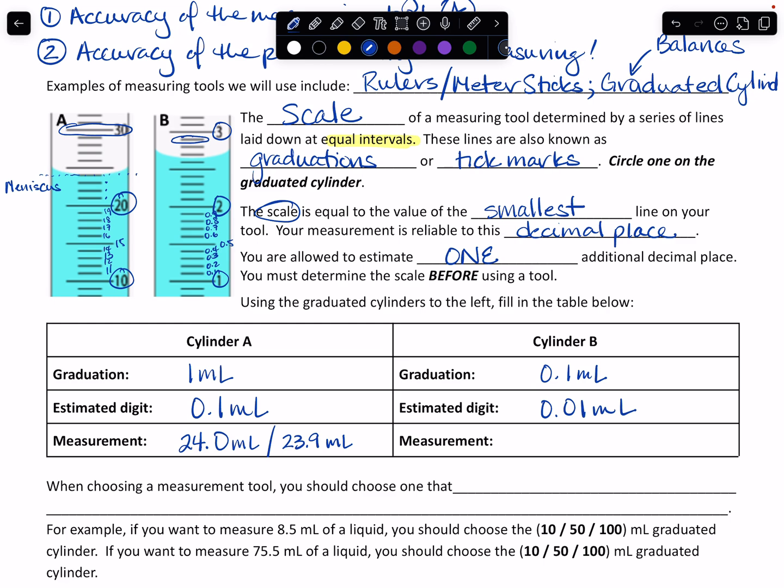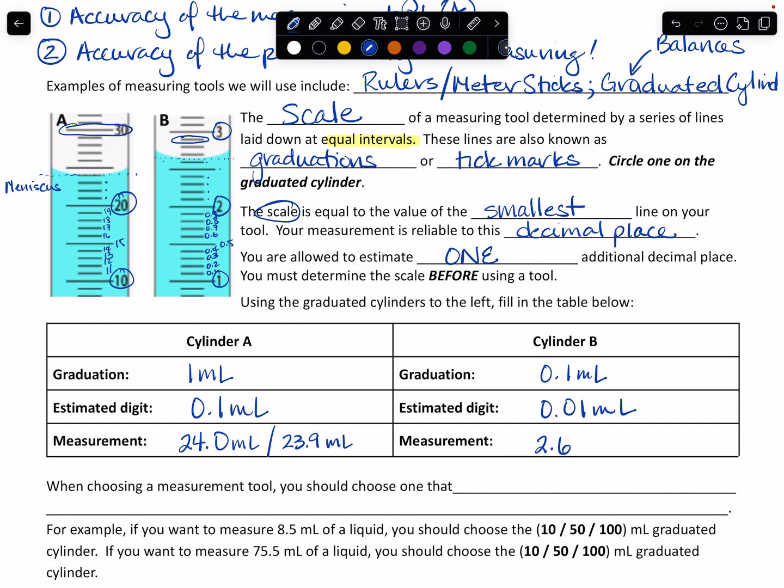All right, so I go look at my graduated cylinder. Whoops, that's not it. And I'm going to look at that meniscus. All right, and to me, it's clearly past 2, but less than 3. So if I count 2.1, 0.2, 0.3, 0.4, 0.5, 0.6, so it is definitely above 0.6. So now is the estimated part.